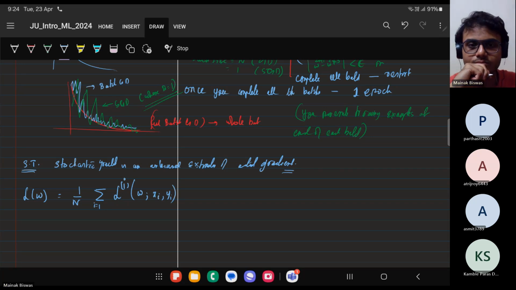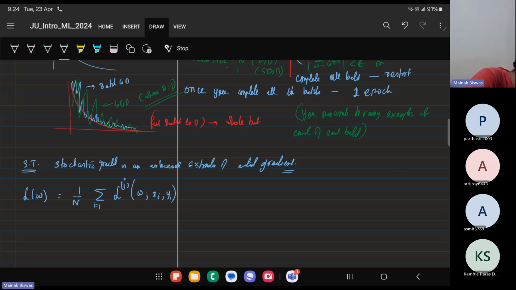This is the ith loss, the loss of the ith example.